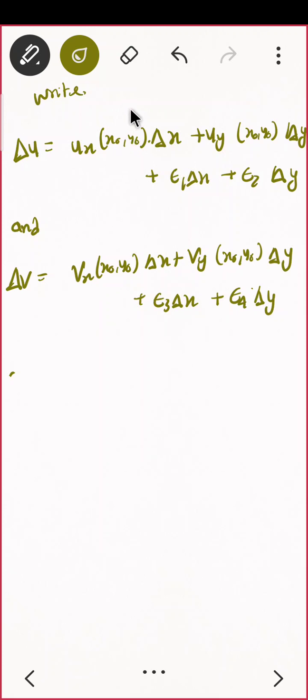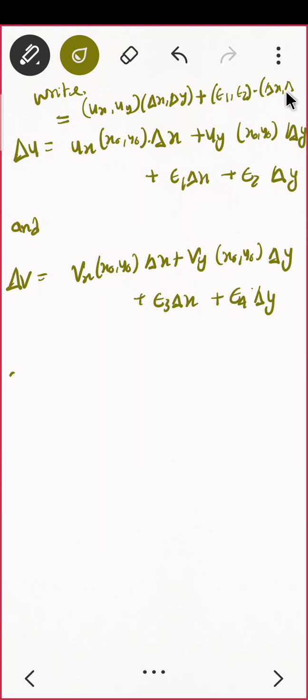You may get here ux uy multiplied by delta x delta y. If you want to write it, you can write it like this: ux uy multiplied by delta x delta y. Correct? And plus, what is that? Epsilon 1 epsilon 2 dot product delta x delta y.